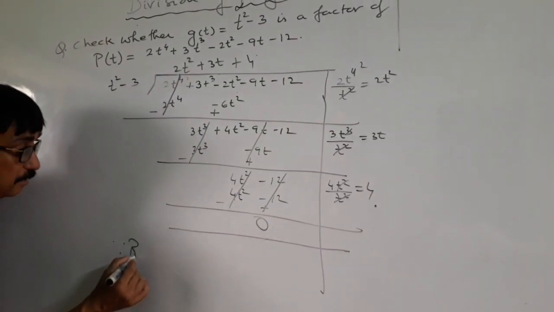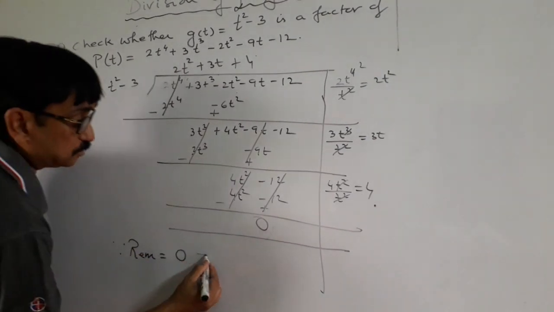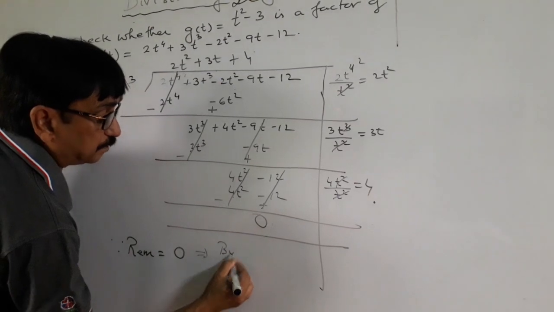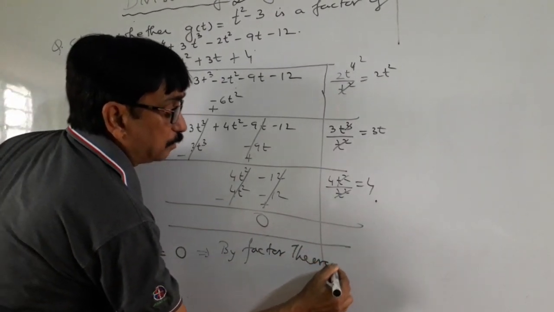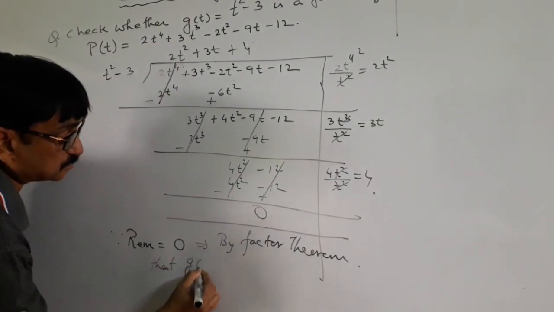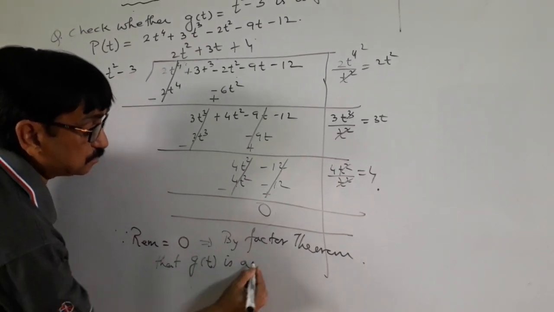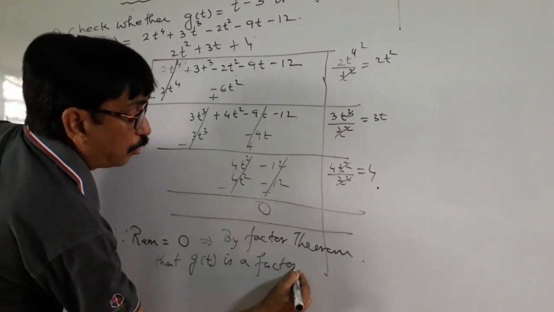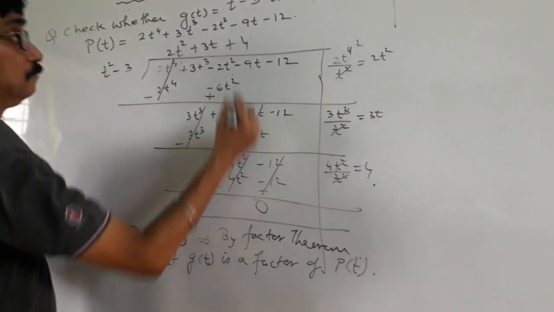Since the remainder is equal to 0, it implies by factor theorem that g of t is a factor of our dividend p of t. That's all.